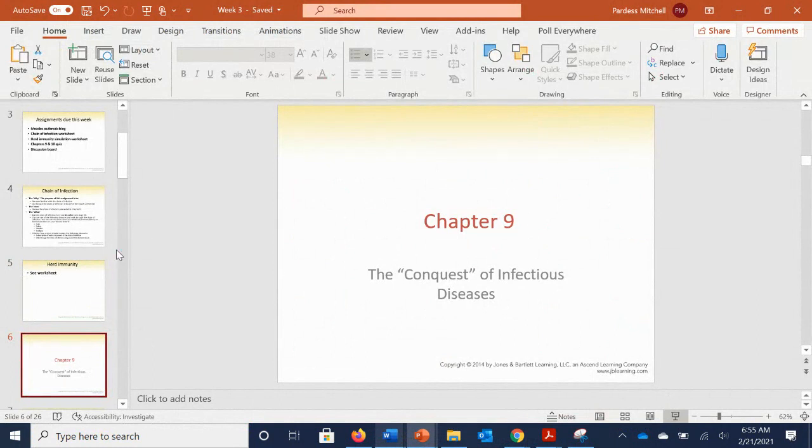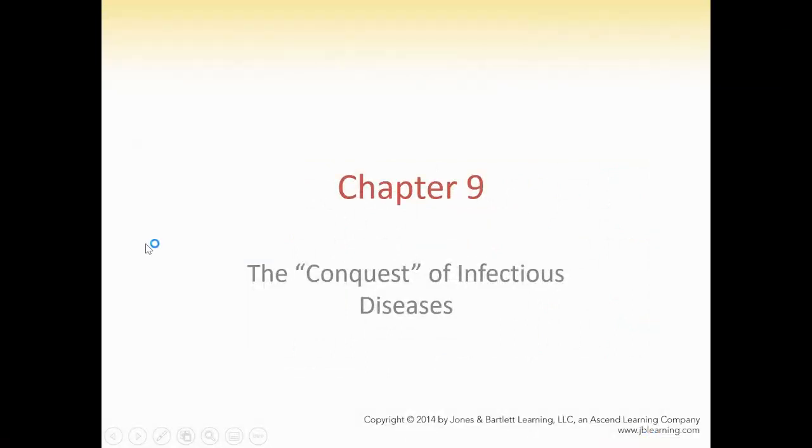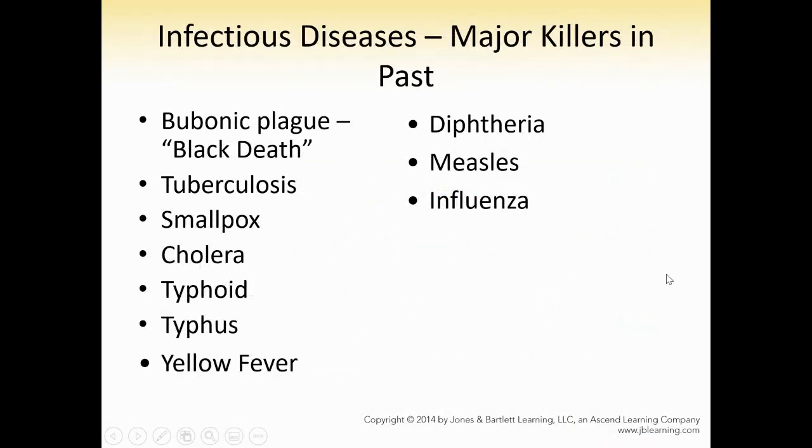Okay, so moving on to the lecture for this week. When we talk about infectious diseases, first, these are diseases that can be caught from another person. They're ones that include a pathogen, something, a bug, that can get you sick. The past major killers include bubonic plague, which is the Black Death, tuberculosis, smallpox, cholera, typhoid, typhus, yellow fever, diphtheria, measles, and influenza.